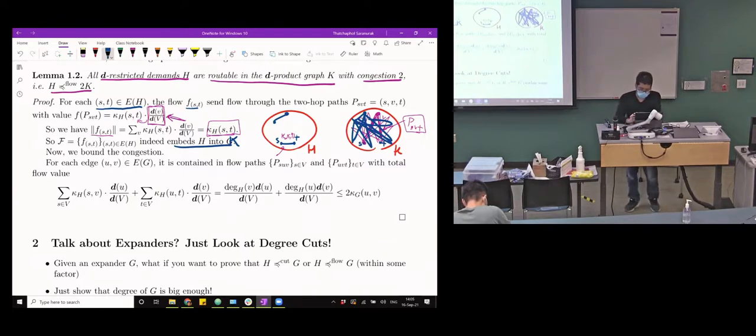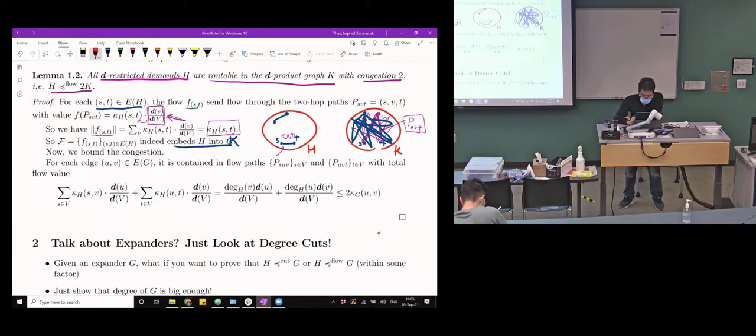But is the construction of the flow clear to you? All right. So now let's analyze the congestion. If you want to analyze the congestion, you just need to look at each edge, right? And look at how much flow goes through that edge.